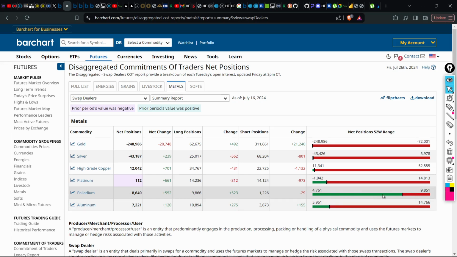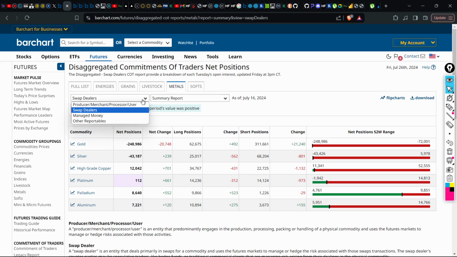This is now palladium. Remember, this one applies mostly to commodities and physical underlying assets. If you try to do this with currencies, you might be very wrong, because in the currency market there are no producers, no merchants, no processors and swap dealers.